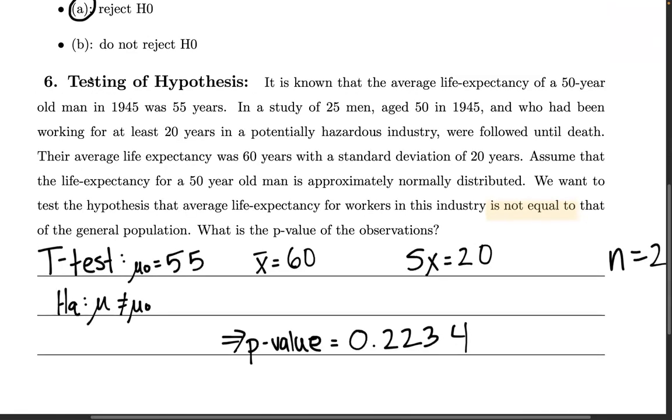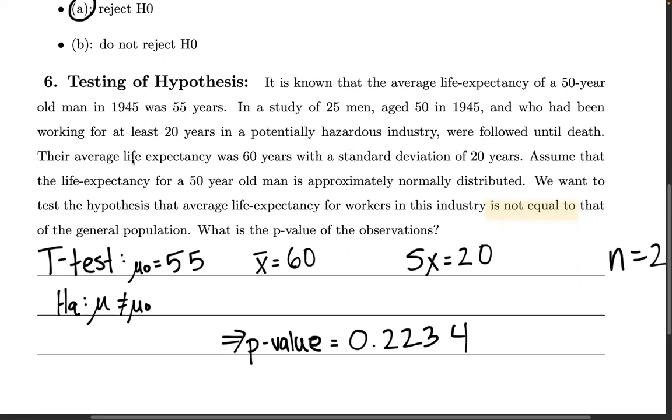Okay, so our number 6. It is known that the average life expectancy of a 50-year-old man in 1945 was 55 years. In a study of 25 men aged 50 in 1945 and who had been working for at least 20 years in a potentially hazardous industry were followed until death.